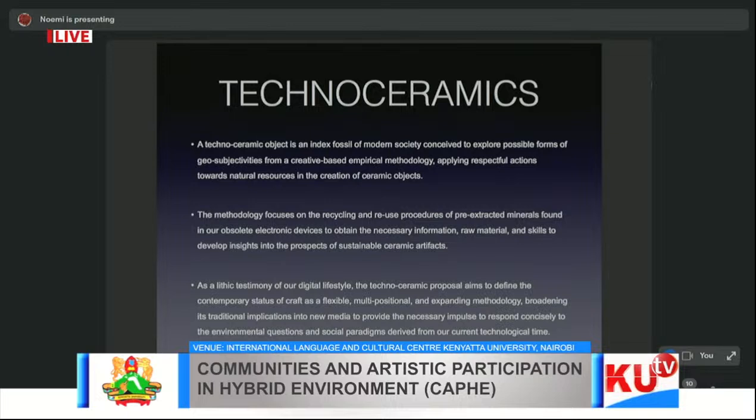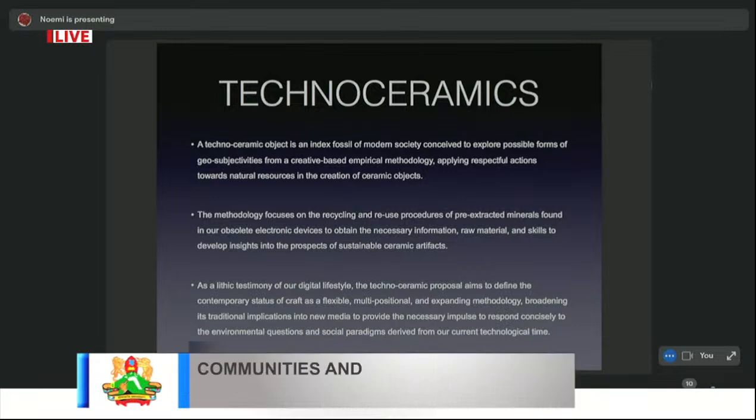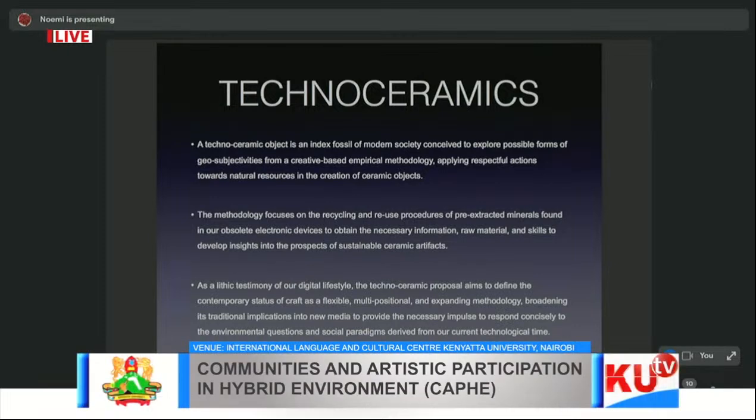So the methodology to make these objects is not going to be based on continuously extracting activities from the earth. It's not about continuing to dig into the landscape, but maybe using the resources that are already over the landscape in the form of residues, like this digital debris.